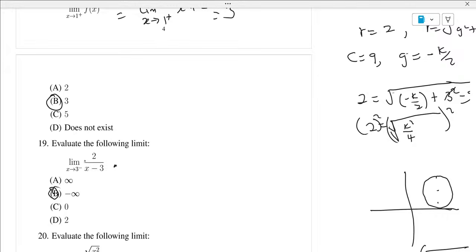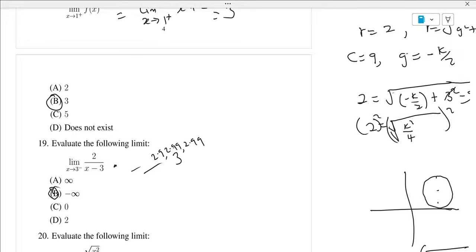So please, when you get the question, what you have to determine is that, okay, from the negative, so 3 from the negative, that is from this side. So what are the numbers closer to 3? Don't just choose any number. Numbers that are very close to 3, like 2.9, 2.99, 2.999.